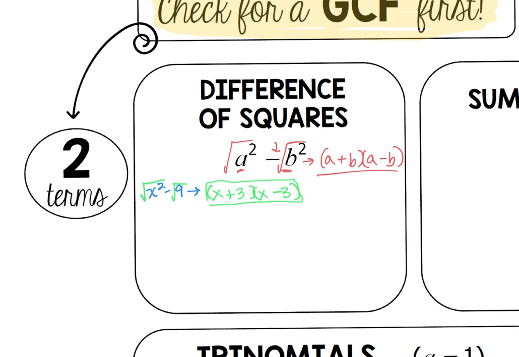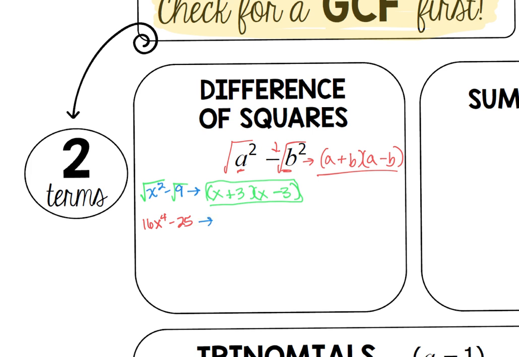Okay, let's do another example. Let's say we have 16x to the fourth minus 25. Look, even though we have a number in front as a leading coefficient, 16 is still a perfect square. x to the fourth is a perfect square because even though it's not squared, it has an even exponent, and so is 25.